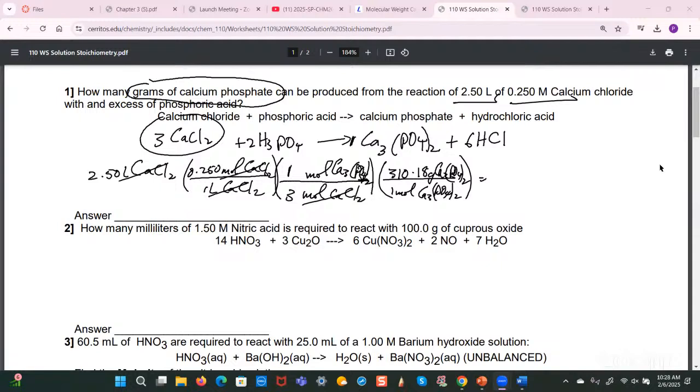And according to my calculation, and please tell me if I'm on the right track here, we round it out to 3 sig figs. The answer I got is 64.6 grams of calcium phosphate. All right. That's what I got. Please tell me if I'm wrong, but that's what I got.